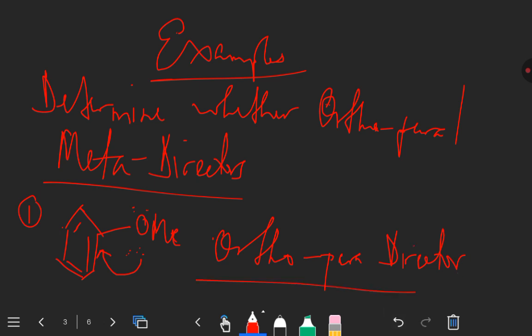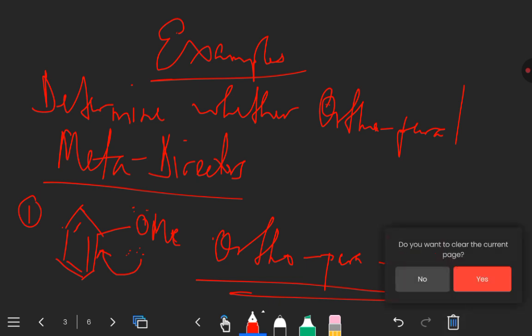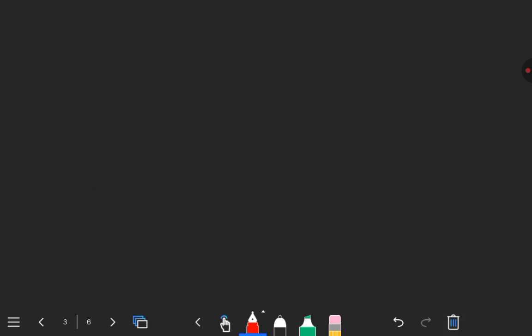Okay, so let's look at another example. Let's say we have this structure. So this will be our B. We have a benzene ring. This benzene ring is attached to this group with a double bond there. Let's say we have oxygen there, then bonded to another oxygen with a methyl. So what can we say about this structure?